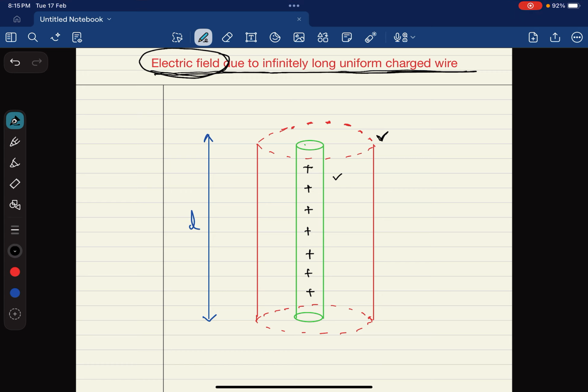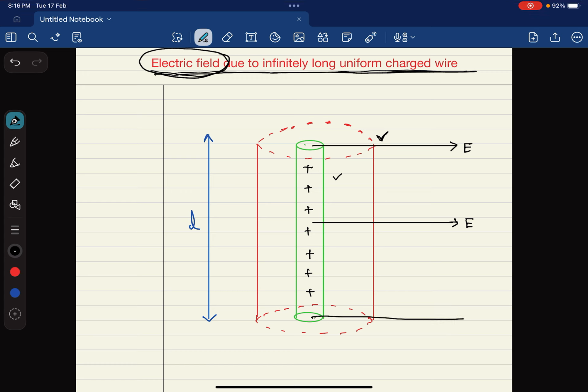I'm going to consider three points. One is the topmost point. At the topmost point, the electric field is directed like this because the charge is positive. Electric field lines are always in the radially outward direction. The second region is the middle region. Here also the electric field always moves in a straight line, so this is also E and this is also E. The last one is the bottommost point.